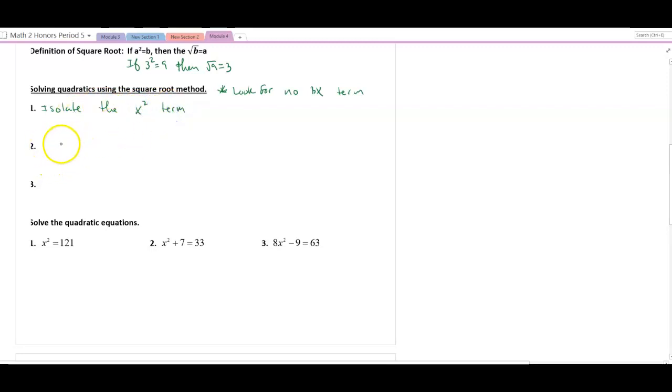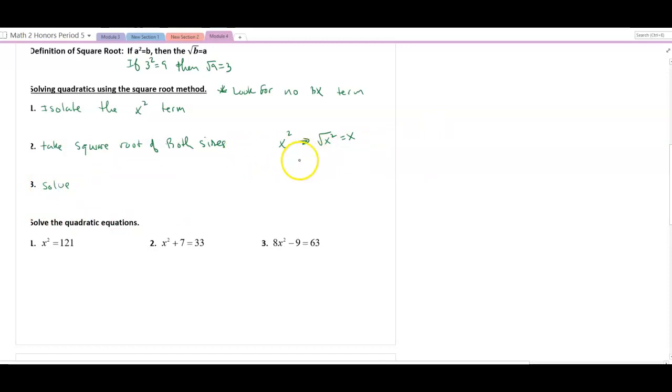Once you isolate x squared, you take the square root of both sides. Remember, the inverse operation of squaring is the square root, so the square root of x squared just gives you x. And then we solve.